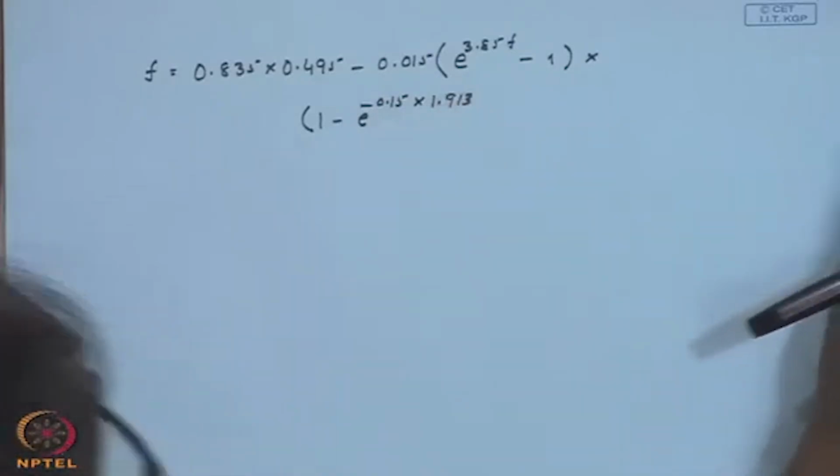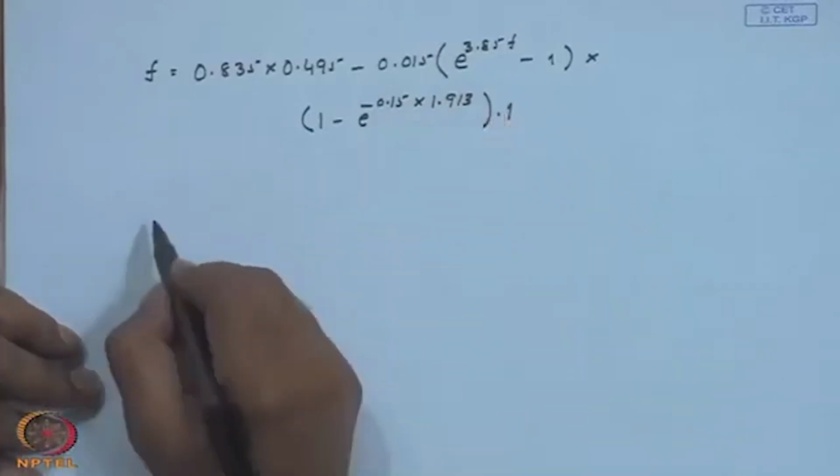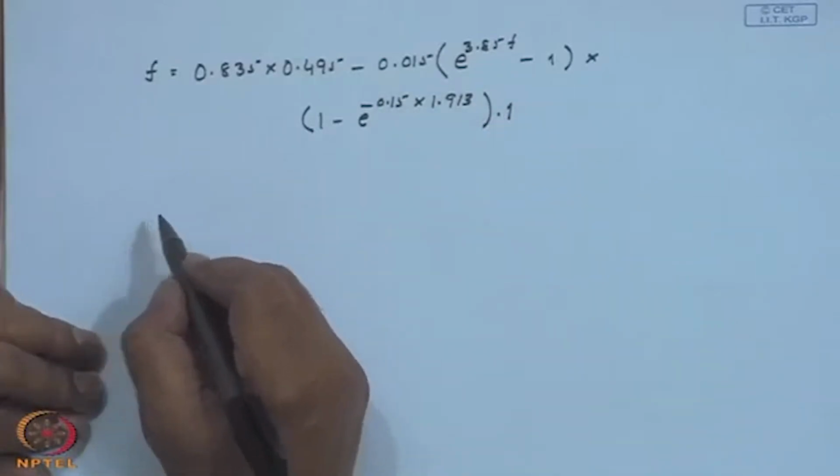X dashed is 1.913, that is correct, times 1, that is the standard storage to actual storage ratio.